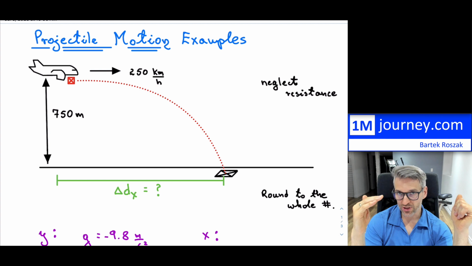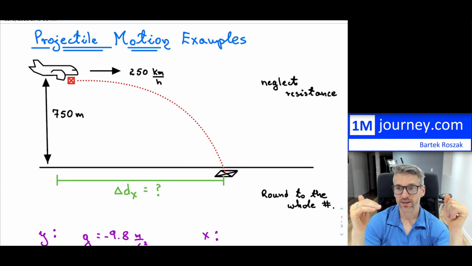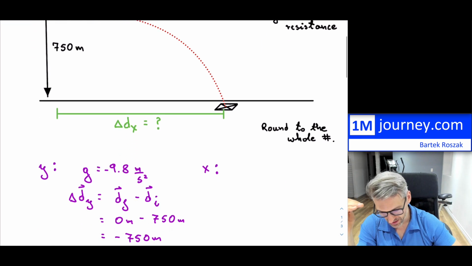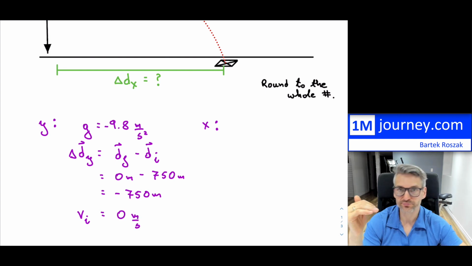It's going to be moving horizontally at the same speed. But gravity is going to start pulling it down, so it's going to have that projectile motion, that looping path. But in the vertical direction, it doesn't have any speed initially. So initially, it will start off with 0 meters per second, because it's just moving horizontally.